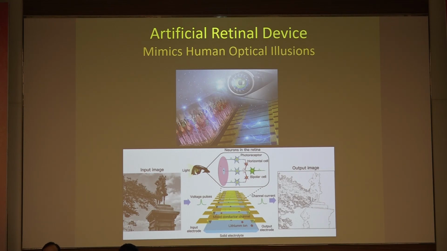So when light is presented to this implant, then lithium ions work in these channels in such a way to mimic the neurotransmitters found in the retina, and they send a voltage to the neurons, the ganglion cells, and that produces the image in the eye, as you can see on the right hand side. And this is a better image than the Argus 2 implant, they say, because it gives a lot of contrast, which is usually not seen with the Argus 2, which is basically only visualizing phosphenes.